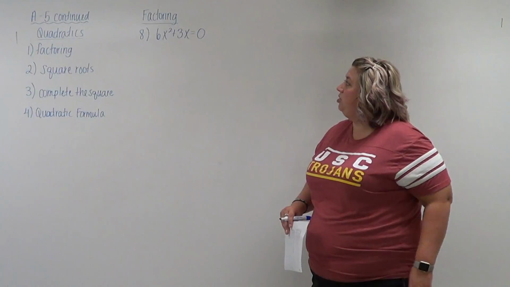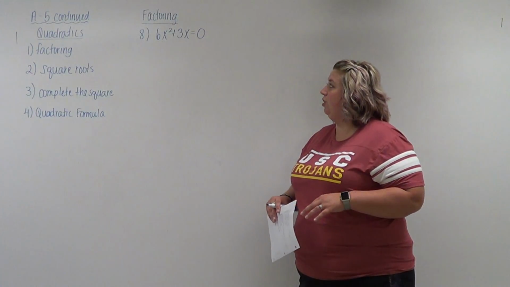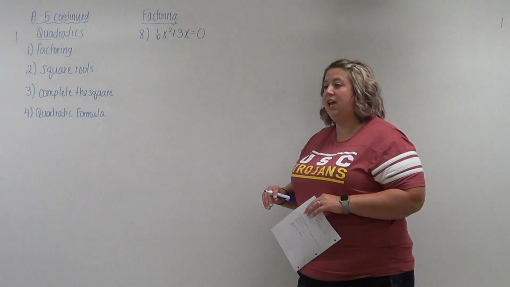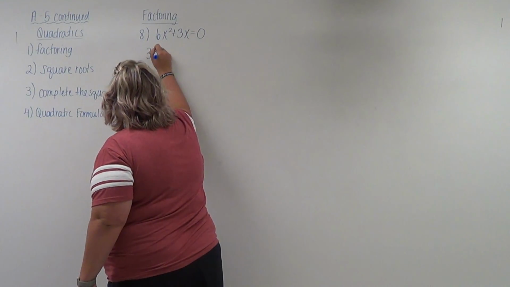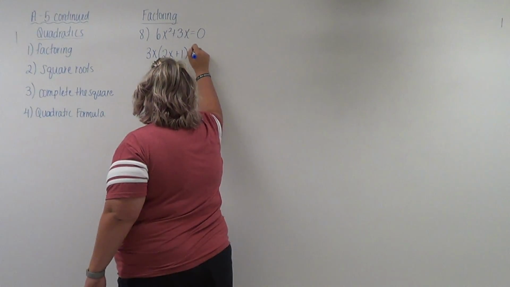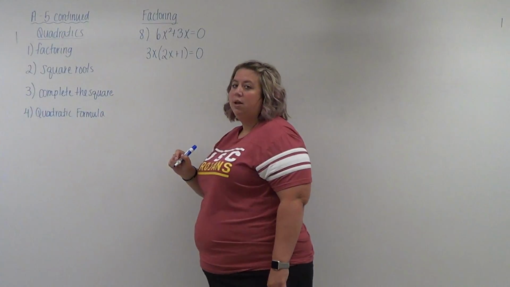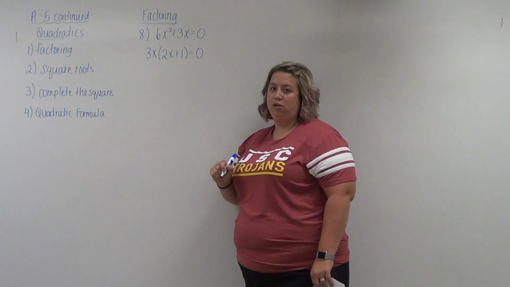So first thing you have to do is make sure it's set equal to 0, which this one is. And then I go to factor. Well, on this one I can factor out a GCF. They both have a 3x in common. So I factor out a 3x, and I'm left with 2x plus 1. Make sure when you factor it out, you still have the 1 left over.